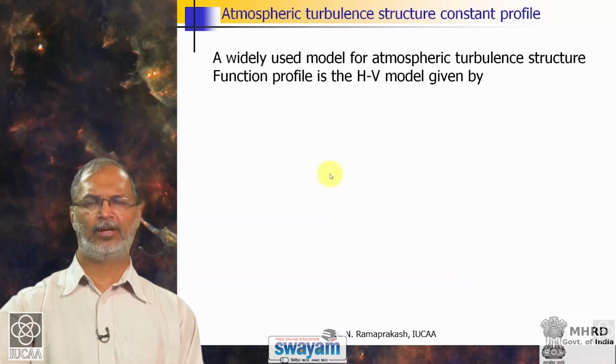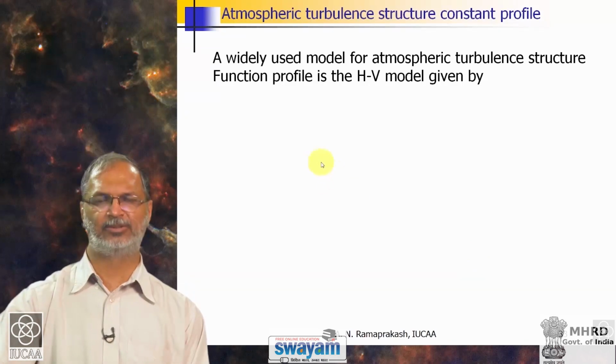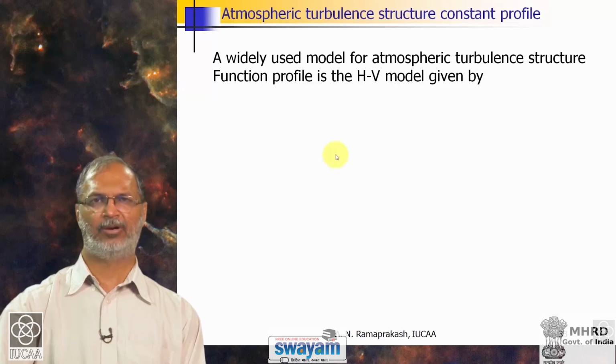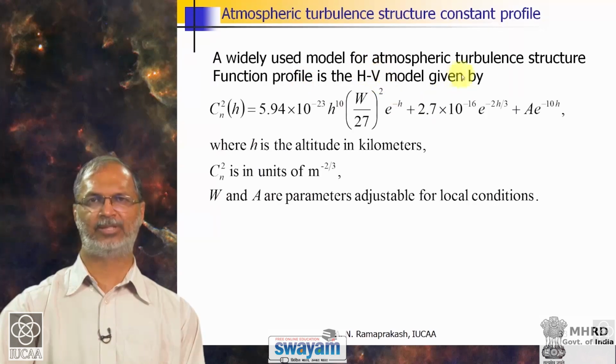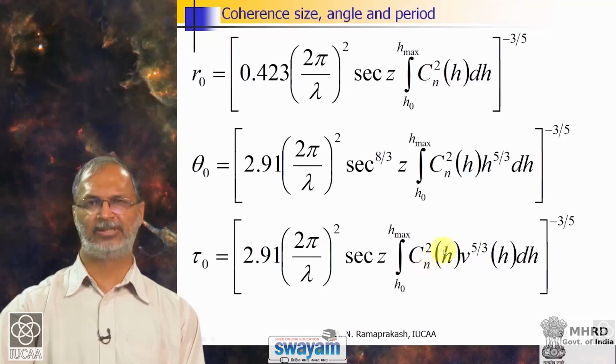These models of the atmosphere are very often determined through measurements empirically, and then fitted using various atmospheric profile models. A very popular model is what is called the HV model, given by this. If you look at the previous expression, it is this Cn squared of h which is the only unknown here, which needs to be quantified for a site, and once that is quantified, you can calculate all these parameters r0, theta 0 and tau 0.